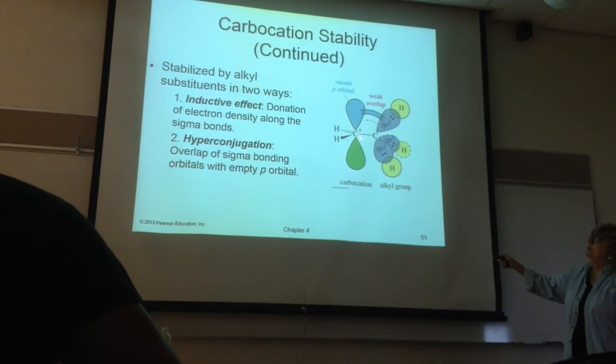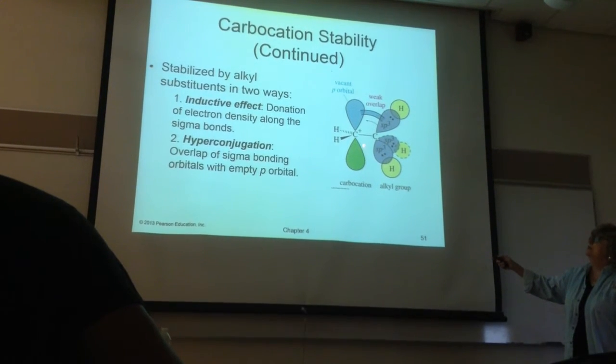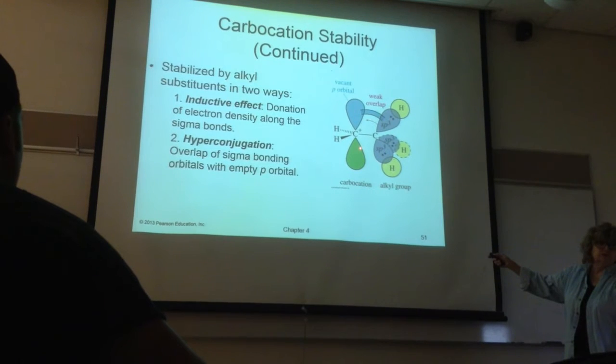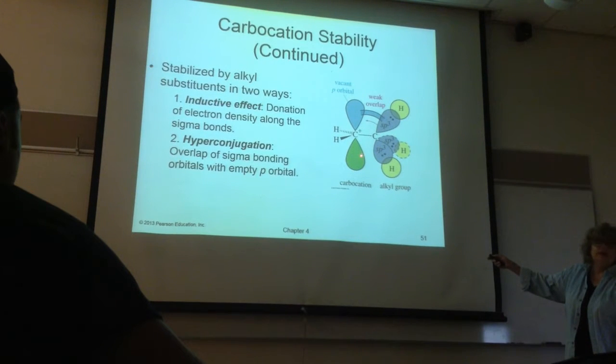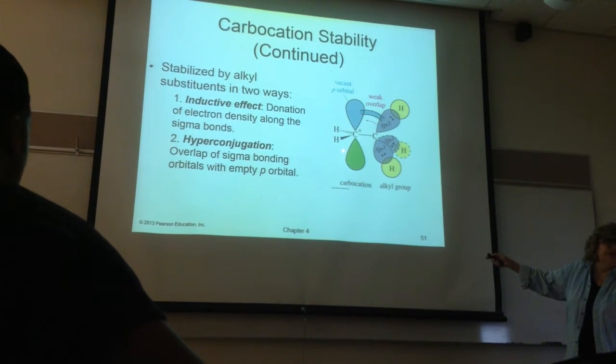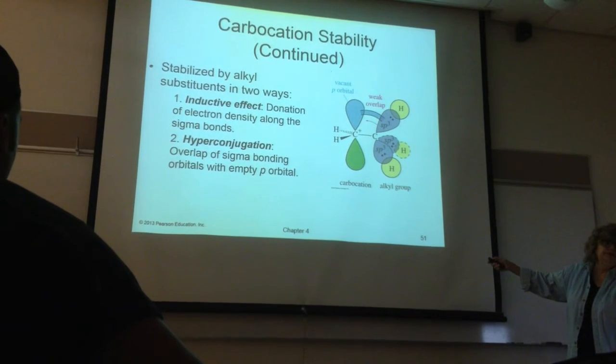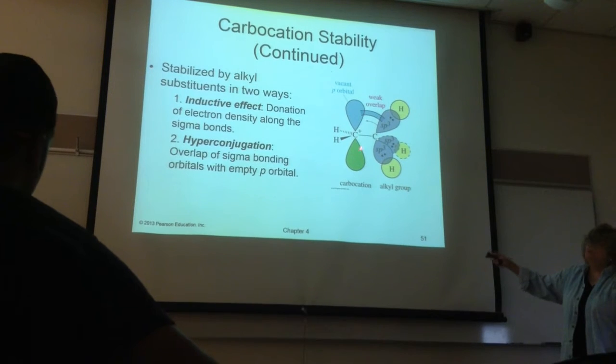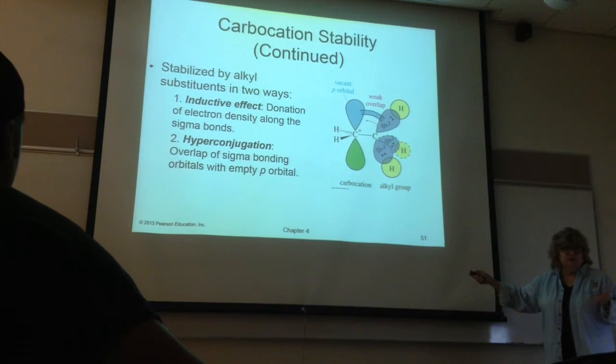So if you take a look at that carbocation, what type of carbocation is that? Is everybody agreeing this is primary? Yes or no? Well, that carbon is bonded only to one carbon, and you have two hydrogens, so that's a primary carbocation.